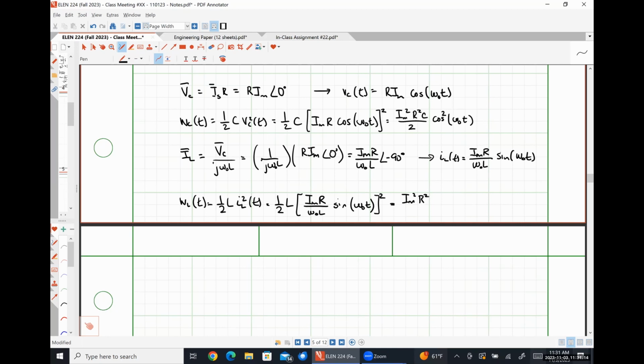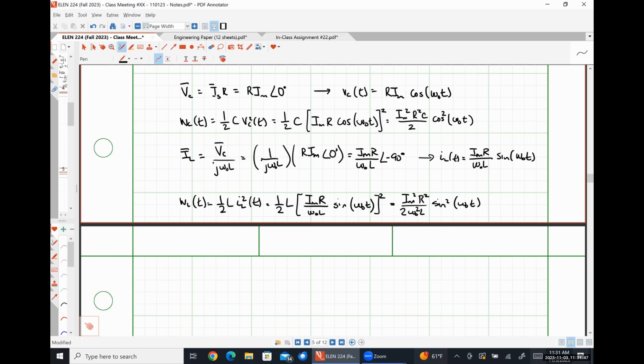I'm going to have an L in my numerator and an L squared in my denominator, so I'm just left with an L in my denominator. So let's see here. This is going to look like twice omega naught L times the sine squared of omega naught t. Sorry, I should have omega naught squared here. Apologies for that.